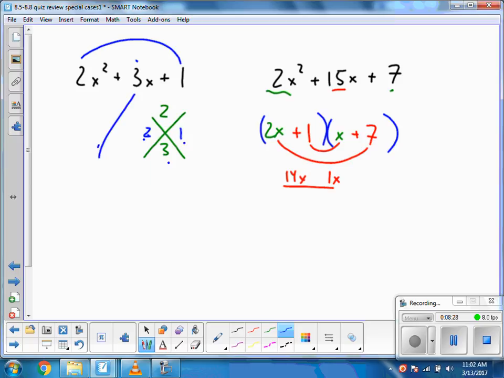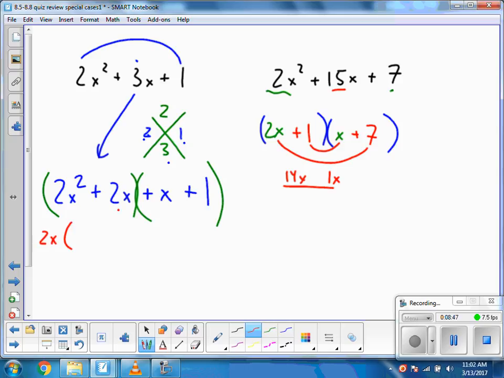And now I'm going to split my middle term. 3x squared becomes 2x squared plus 2x plus 1x plus 1. Now I'm going to group. I'm going to factor. So this first one here, I'm going to factor out 2x, the greatest common factor of all that. I'm left with x plus 1.